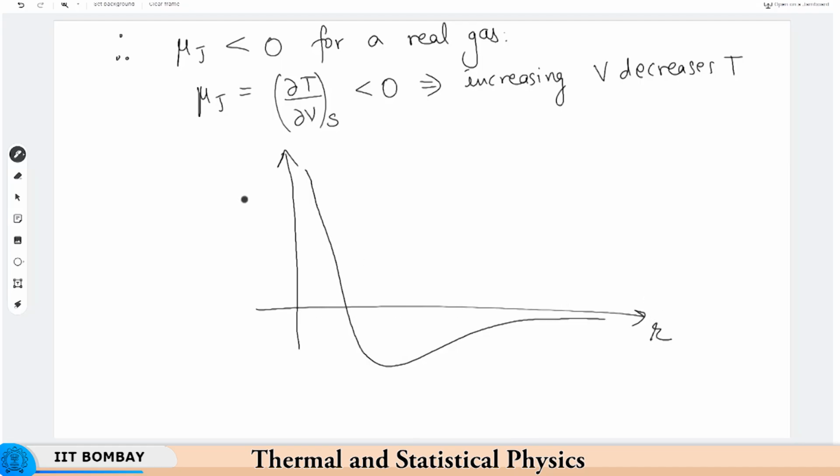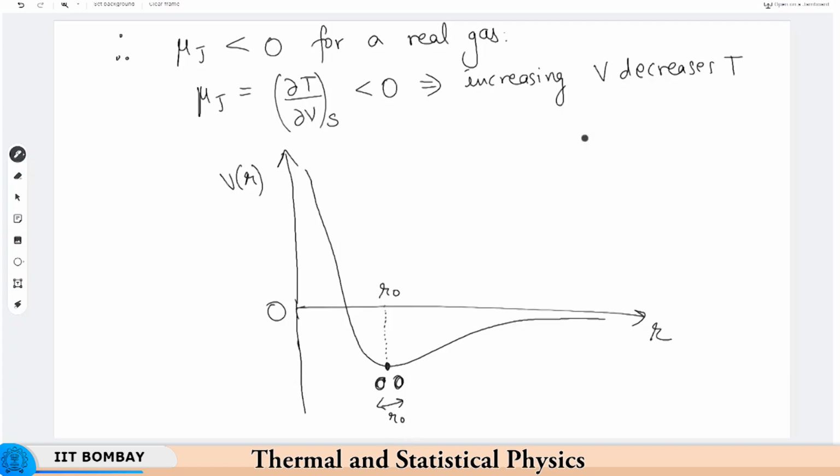This is R, this is V of R, this is usually 0, and values below this are negative, right. Say when we have not expanded the gas, the gas molecules are sitting here, and their mean intermolecular distance is say R 0, right.